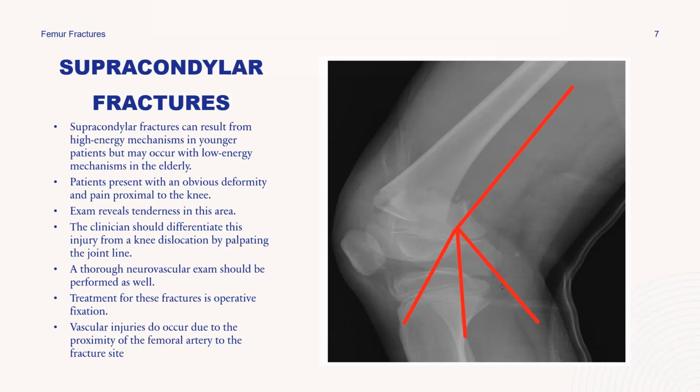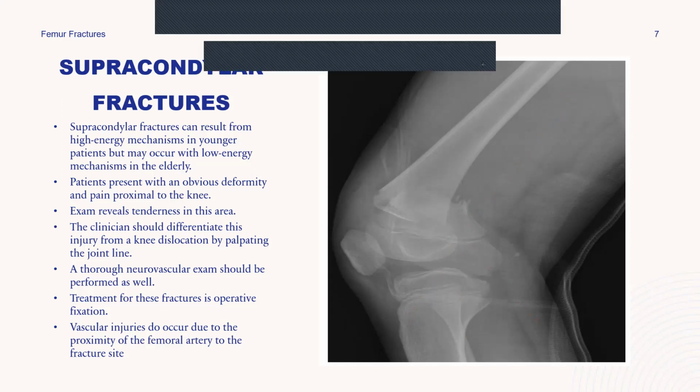So what you've got to do is check all three pulses. You've got to check your dorsalis pedis, your anterior tibial pulse, and your posterior tibial pulse as well, right? To make sure that all of them are there. Otherwise, you're going to miss something.